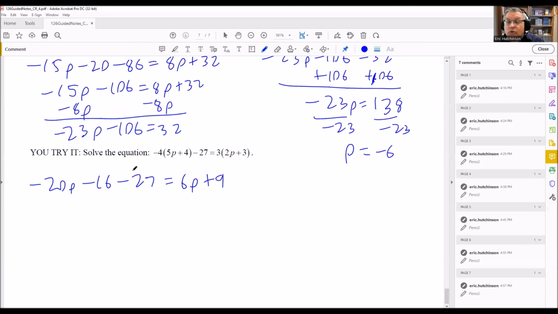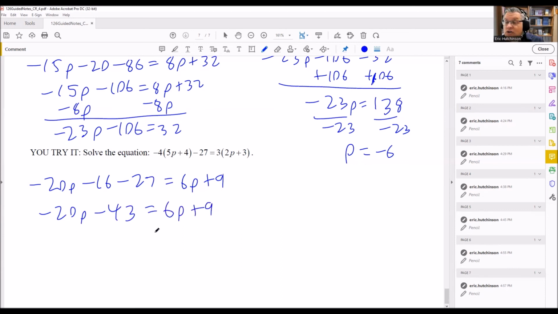We have like terms that we can combine together. So it's always what you want to look for when you're doing that. If there's like terms, you want to combine those together. So we're going to go ahead and add, well, actually subtract, but we'll have 16 minus 27, 43, and that's going to be a -43 since there's two negatives. Okay. Equals, and then the rest of this, nothing more we can do on this side.